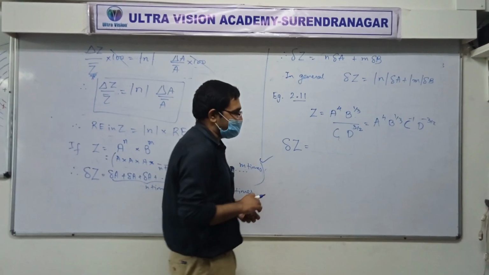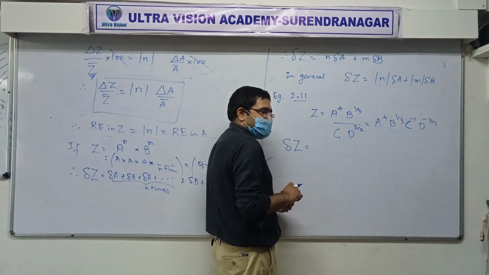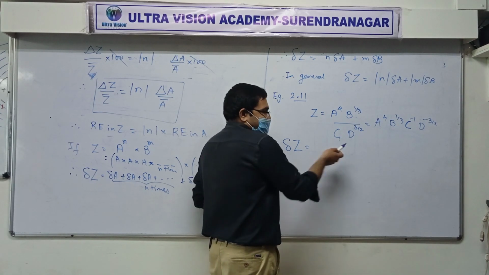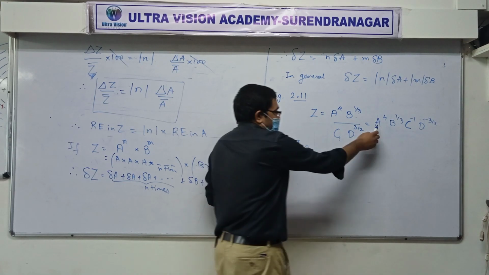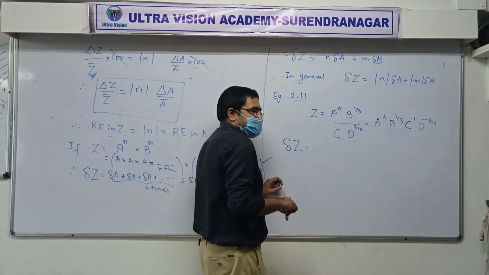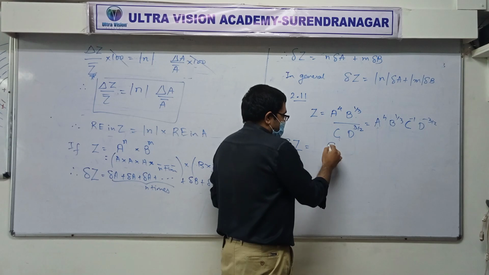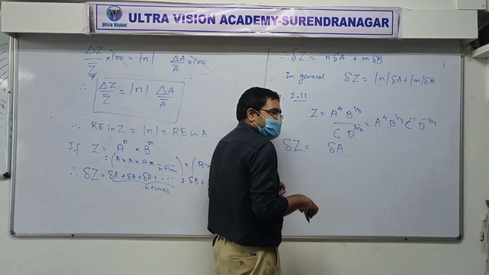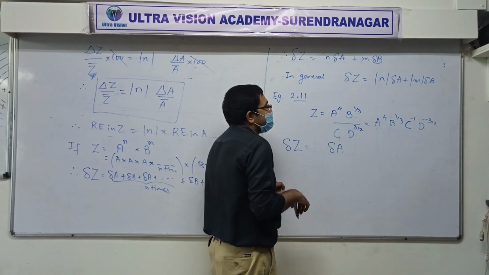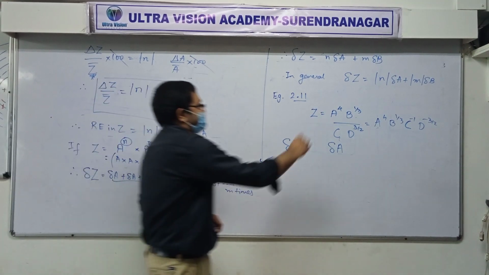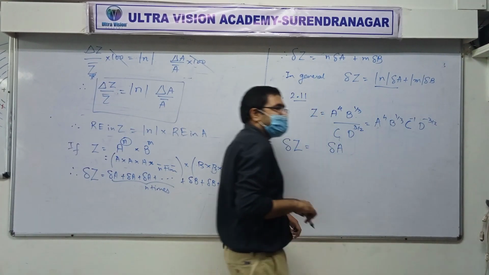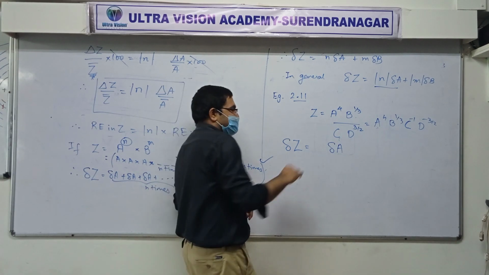Okay, Pragati, let's start with you. Stand up. What should we do for the first one? Del A into anything. Look at this. If you have a raised to n, then you get n here. Then what should I write here?